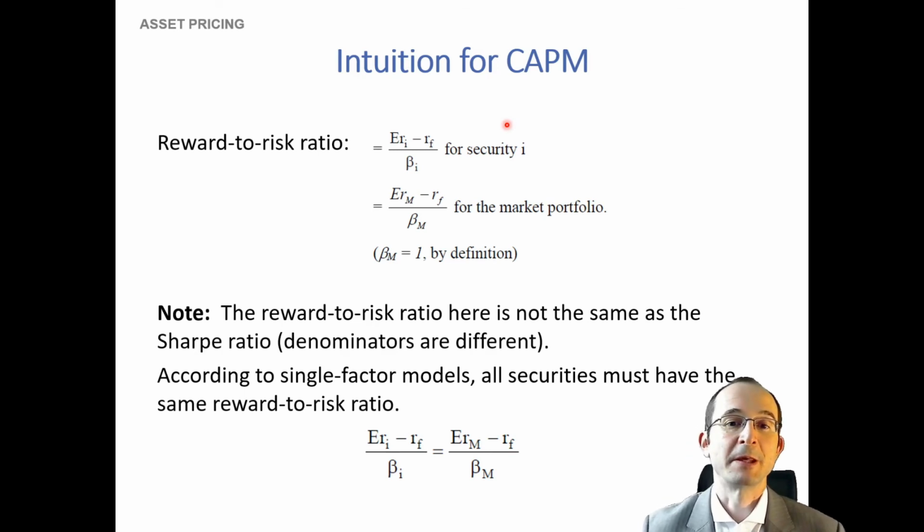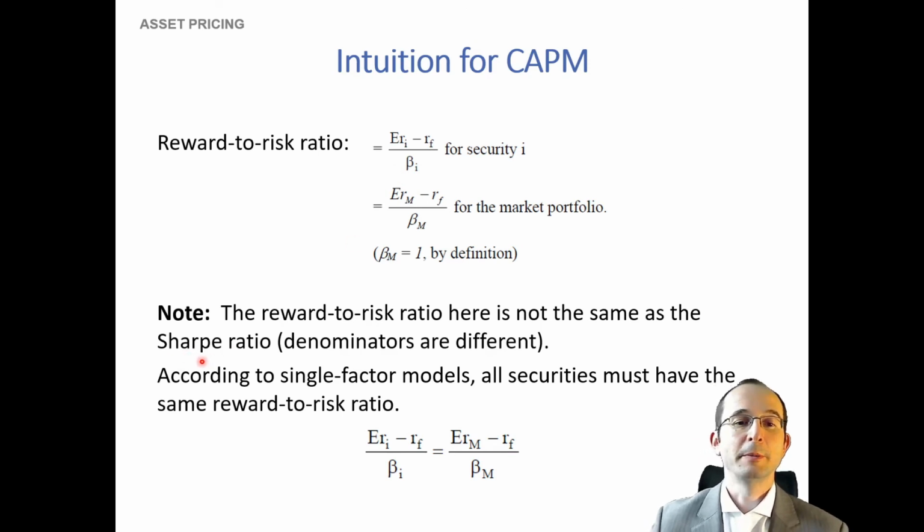Now, if we think about the CAPM specifically, where the CAPM's measure of co-movement with the risk factor of the market portfolio is the beta, we can construct a similar risk-reward ratio, different from the Sharpe ratio. Remember, the Sharpe ratio uses volatility as the denominator.